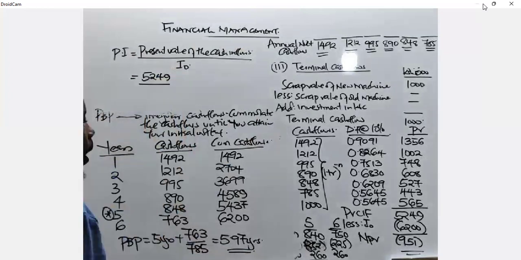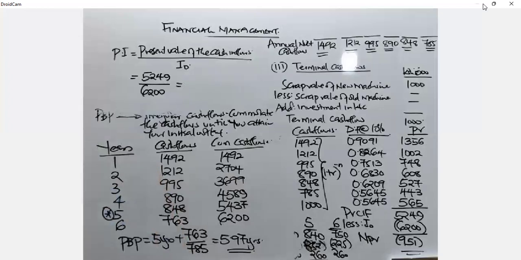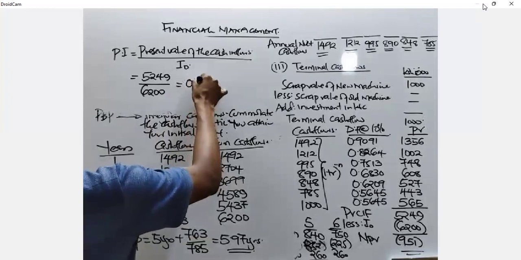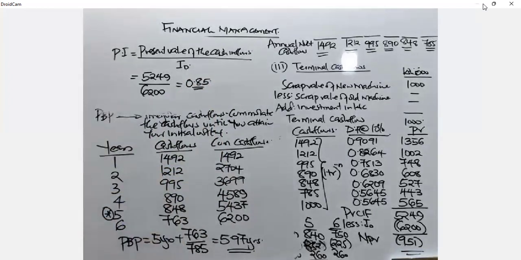You divide it by 6200. So 5249 divided by 6200, we are getting 0.85. That is how you compute the profitability index.